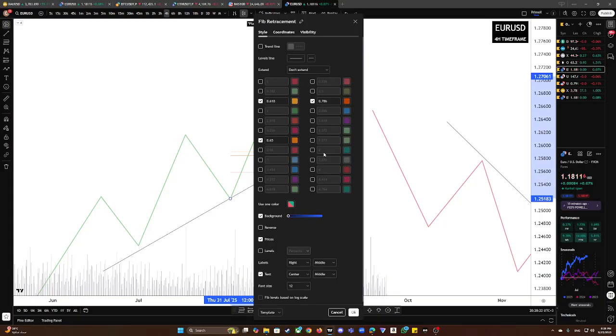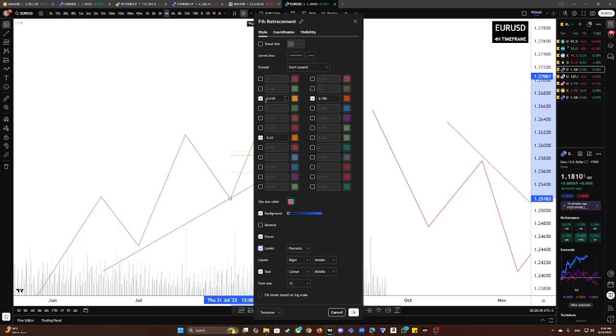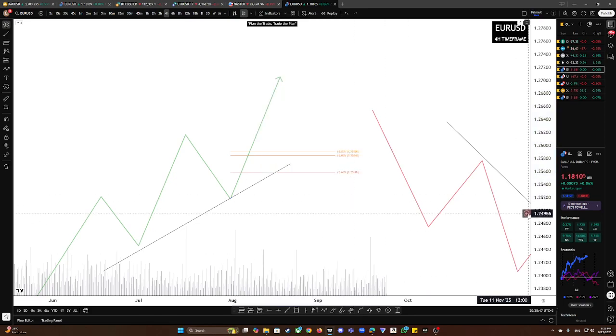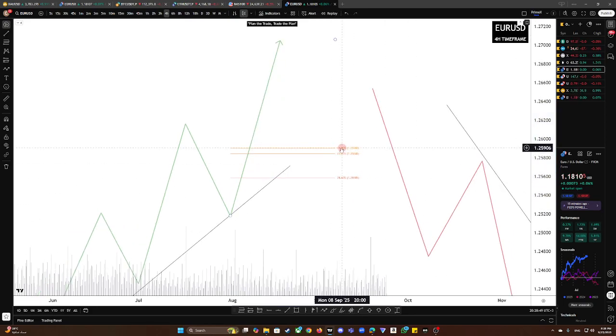So these are the Fibonacci tool settings I have. You can copy these settings, and basically all I have is the 0.618, the 0.65 and the 0.786 levels, and these are basically just percentages, just like you see here.